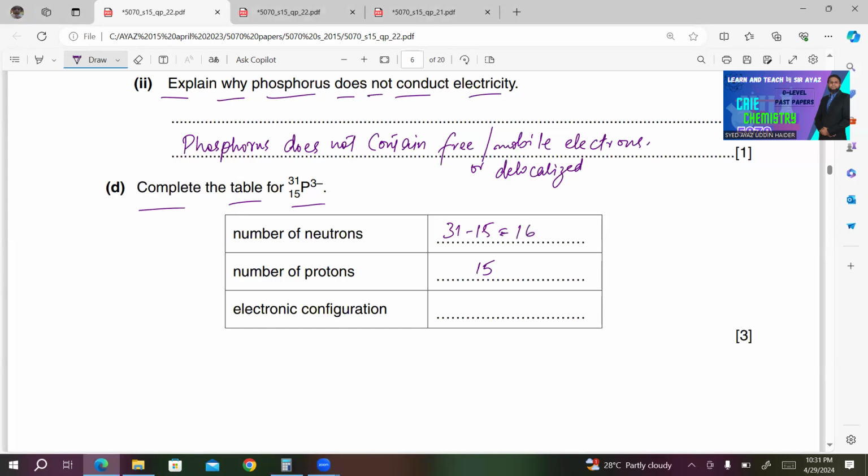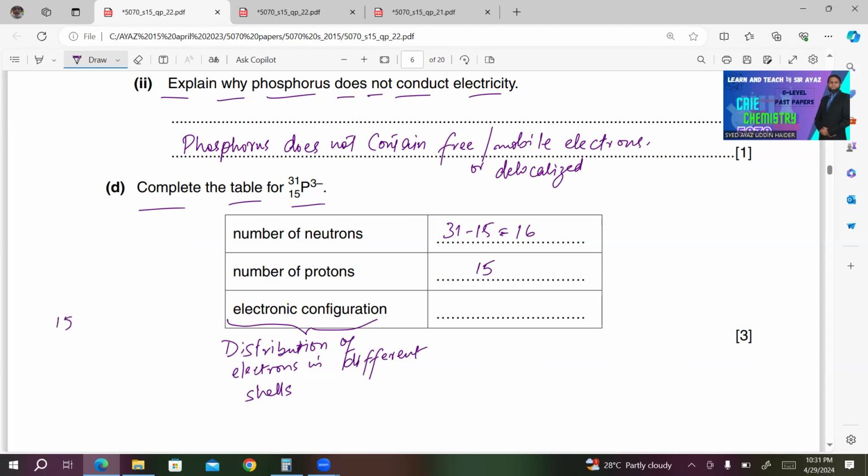Now they are asking for electronic configuration. Electronic configuration means the distribution of electrons in different shells. First of all, you should know the number of electrons. 15 is the proton number, which means the number of electrons must be 15.